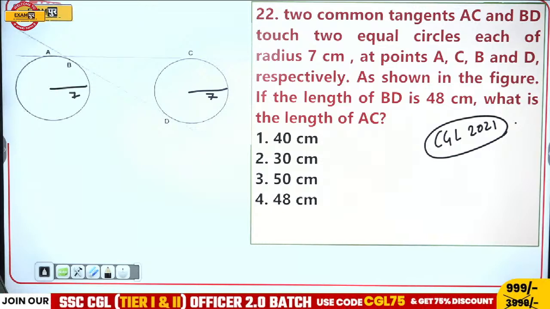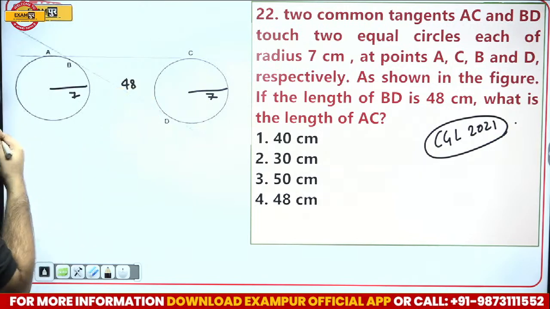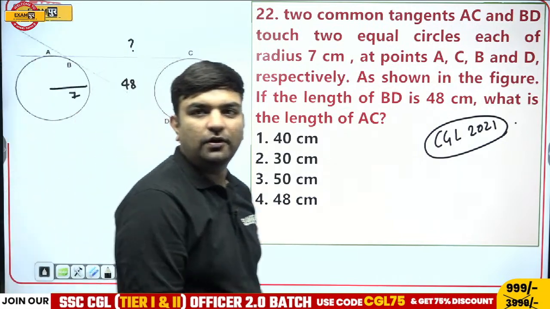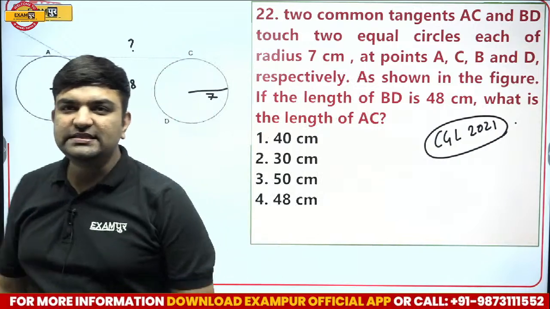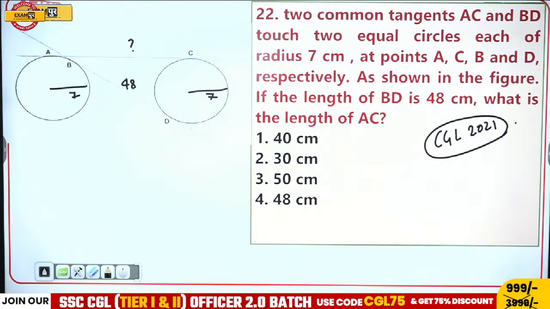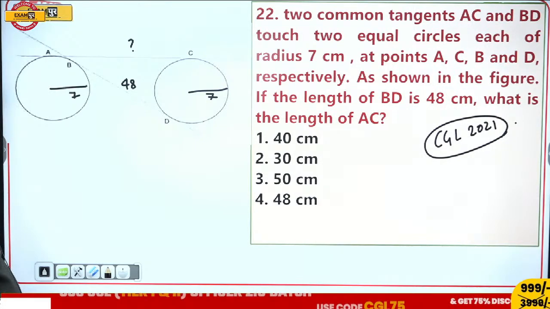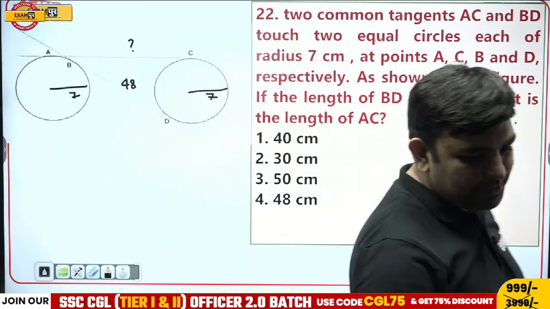If the length of BD is 48, what is the length of AC?